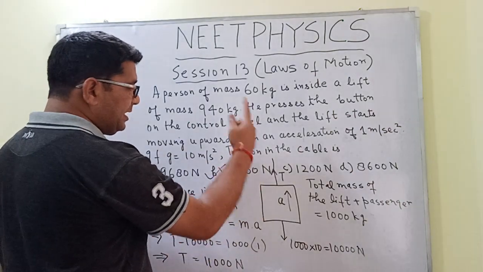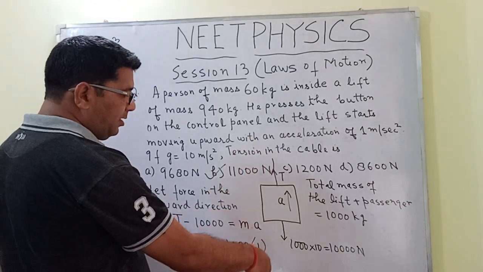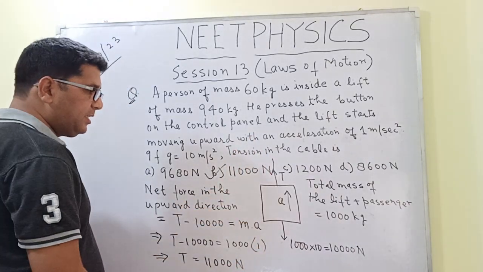In this case the lift is moving upward, that is, the net force in the upward direction is more than the net force acting in the downward direction.